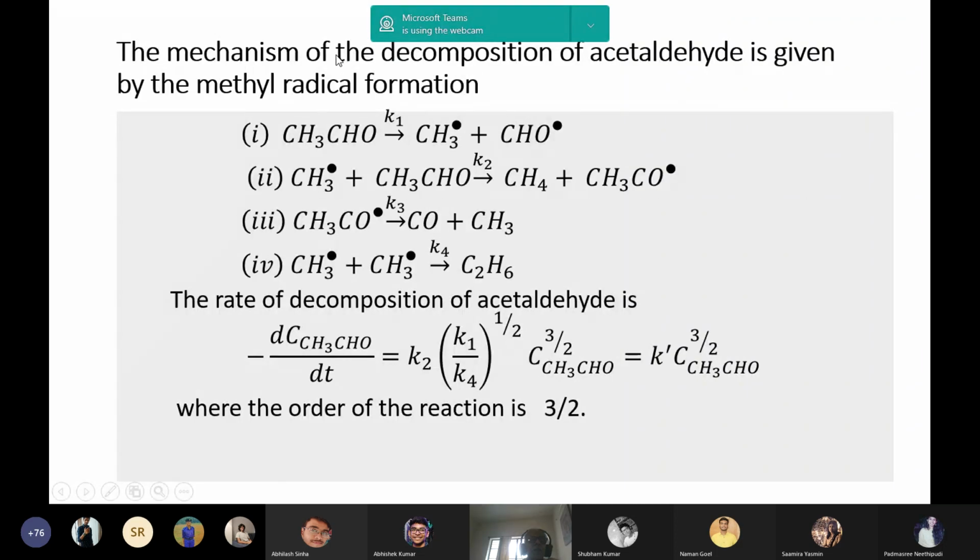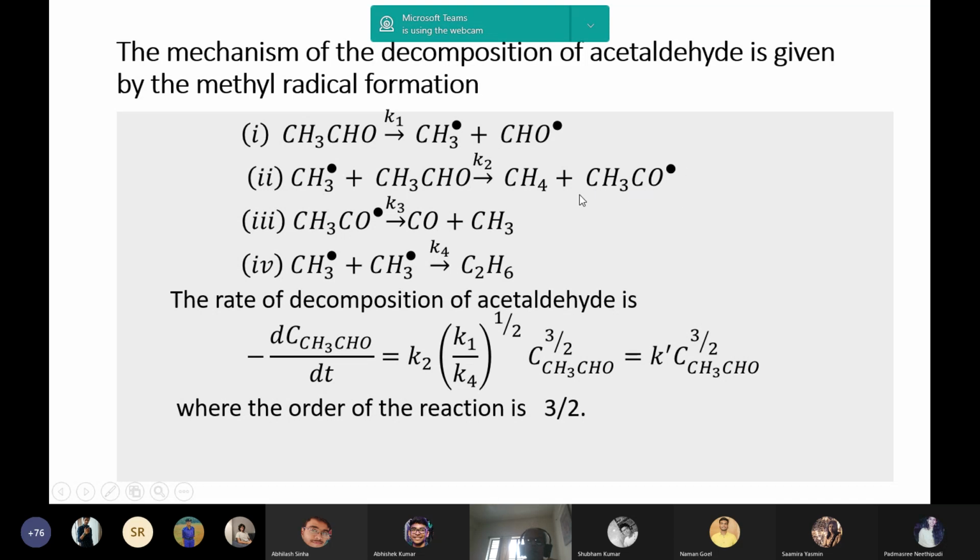Then another mechanism, that is decomposition of acetaldehyde. Four steps are shown. First step, intermediates, CH3 radical, CHO radical. Second step, CH3 radical is involved and gives ketone radical.